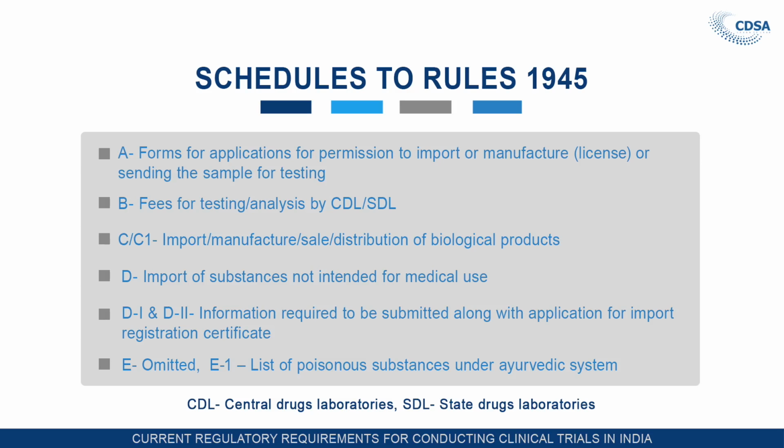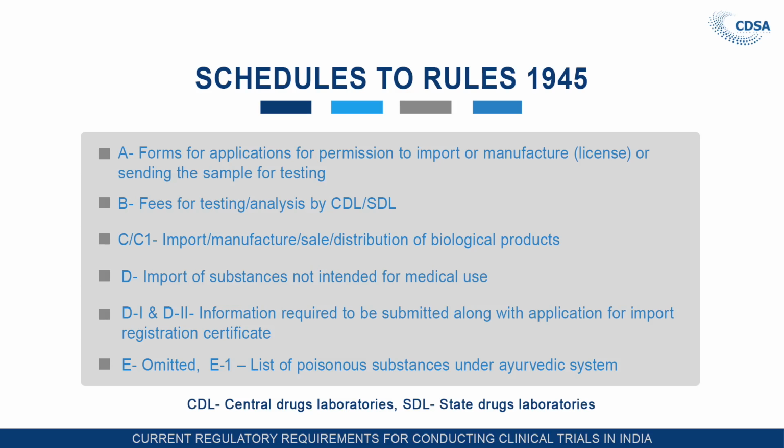Schedule C and Schedule C1 are related to the import, manufacture, sale and distribution of some biological products. The biological products like sera, vaccine, toxin, antigen, insulin, fish liver oil, and other formulations which are to be administered parenterally. Schedule D is for import of substances not intended for medicinal use.